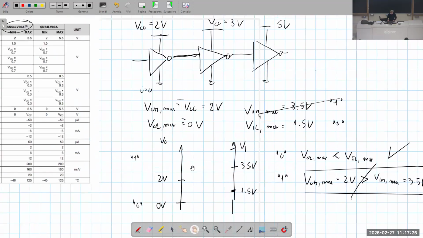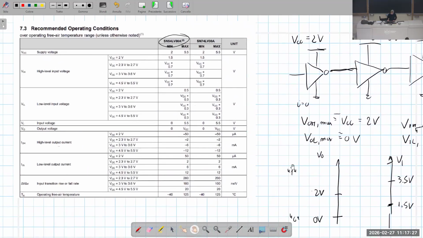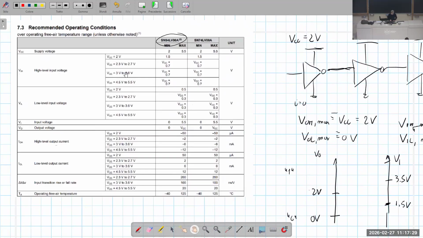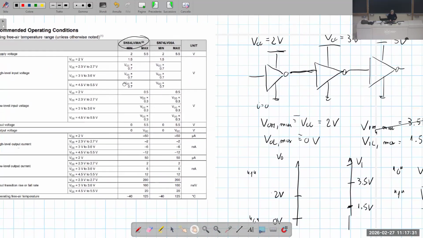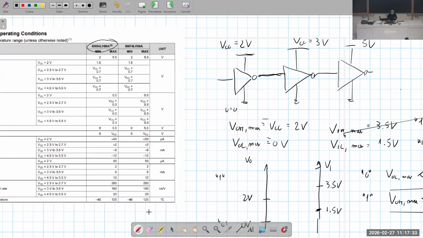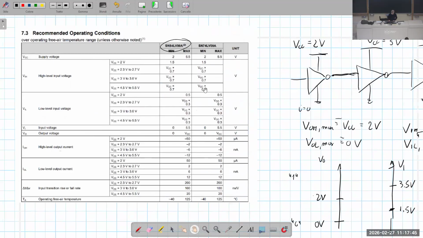I got the value 3.5 for the high level input voltage. The supply voltage here, this is VCC. In the previous case, I had just the gate connected to VCC. VCC is 5 volts. I took it from the datasheet, where I can read that VCC is between 4.5 and 5.5.